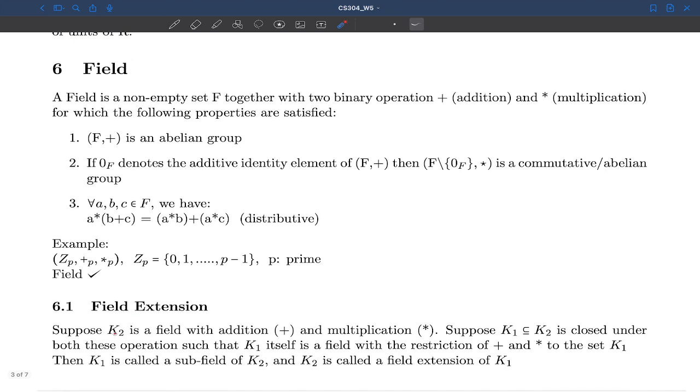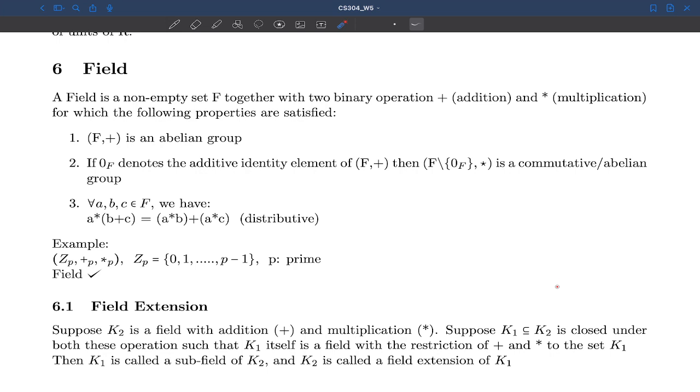Now what is field extension? This is something like what we have studied with group and subgroup. K2 is my field and K1 is another field. Now K1 will be called a subfield and K2 will be called a field extension.